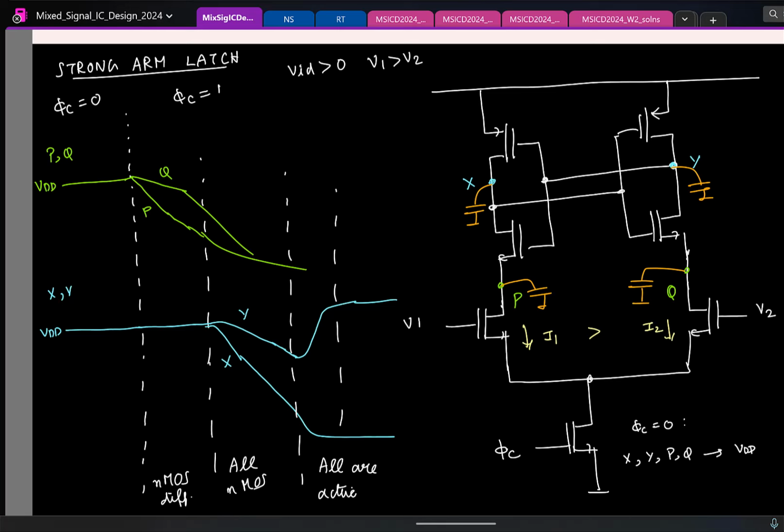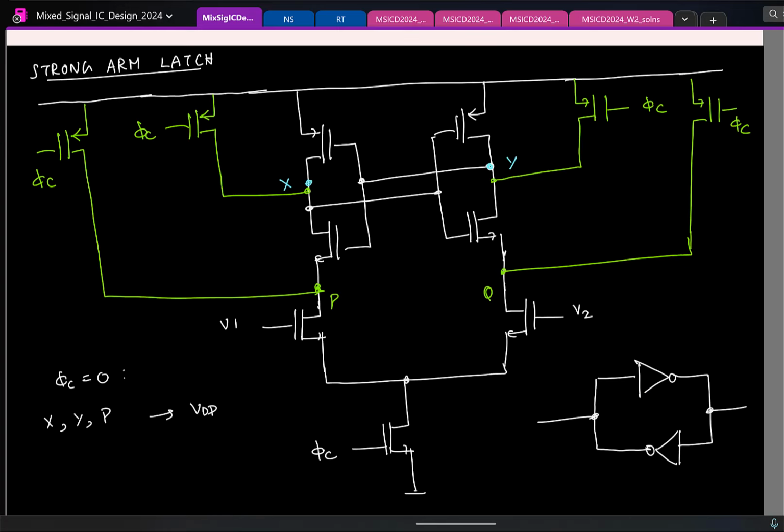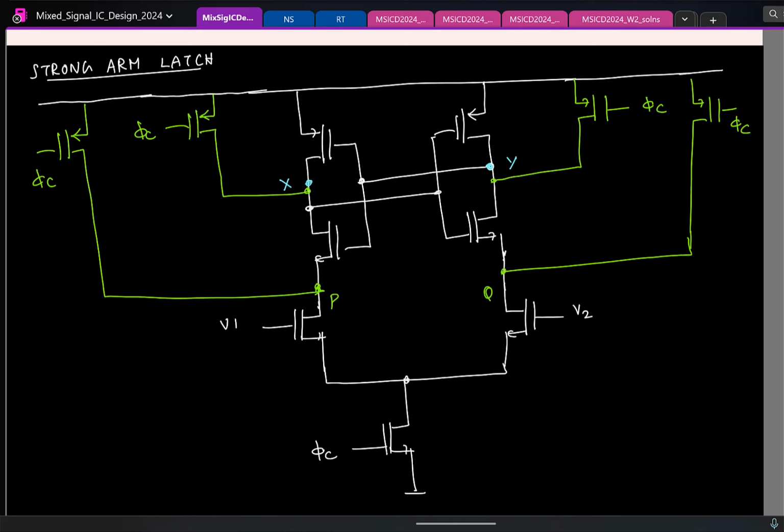Okay, cool. So, a couple of minor points. First point: let us say I am now interested in finding the power consumption here. Power consumption is the current I am drawing from the supply VDD. That's all. Let me draw it here.